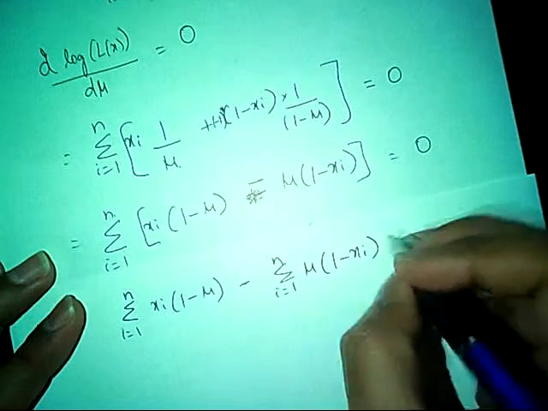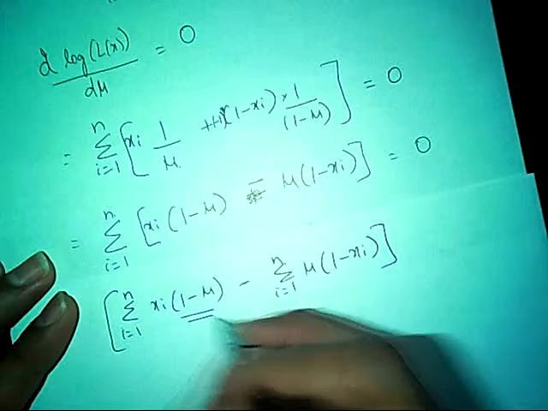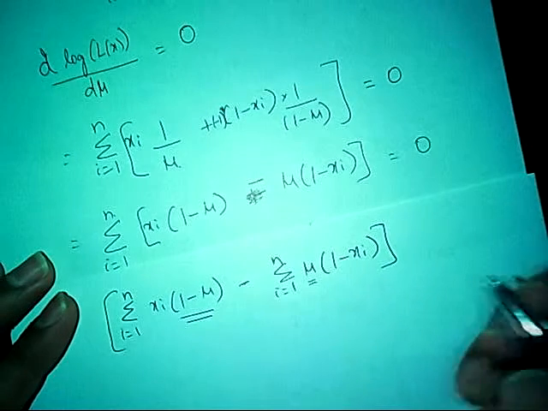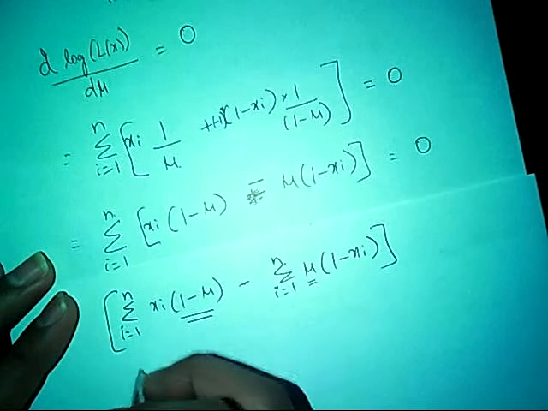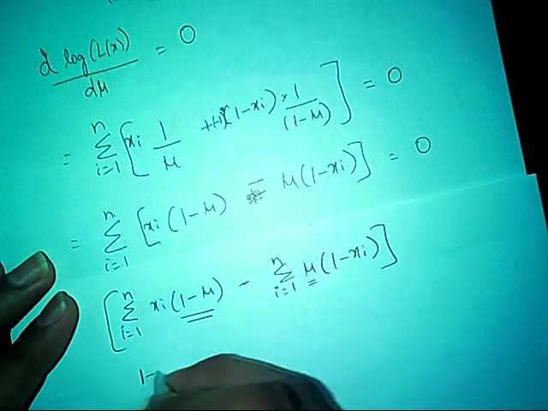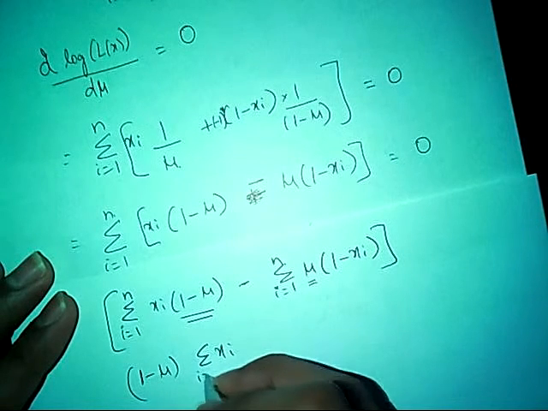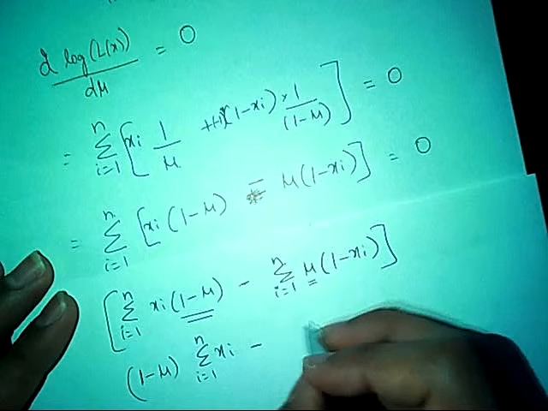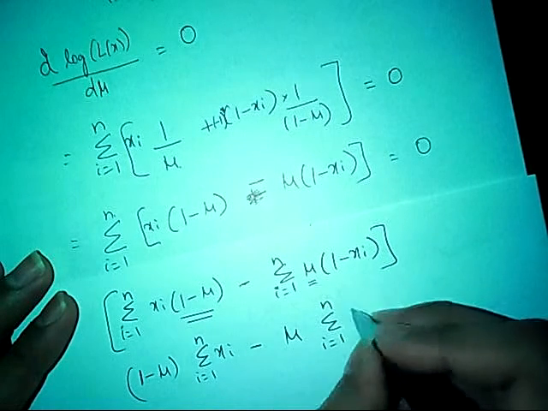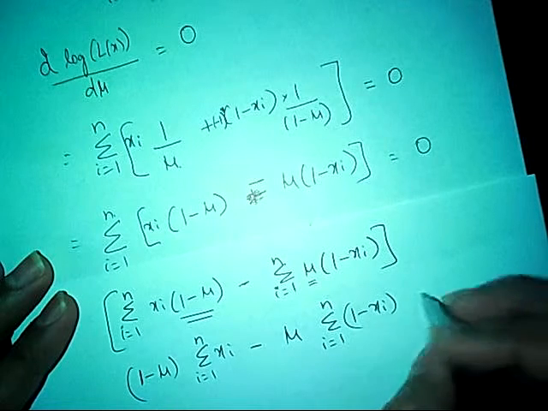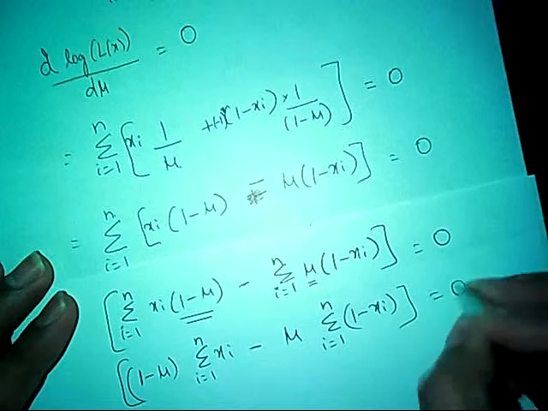I have just distributed the summation to the two terms, and you know that this 1 minus mu and mu don't interfere with the summation, so we can take them outside. So I'm going to get 1 minus mu times sigma xi minus mu times sigma 1 minus xi, and this is equal to 0.